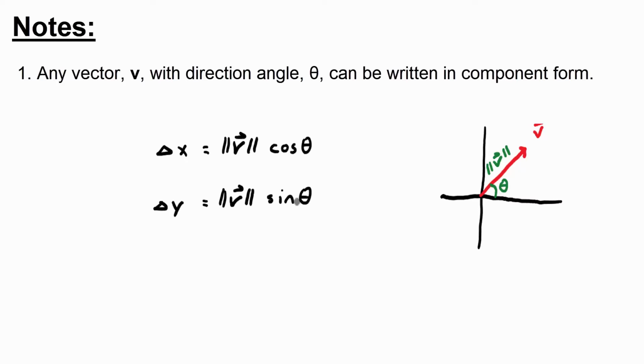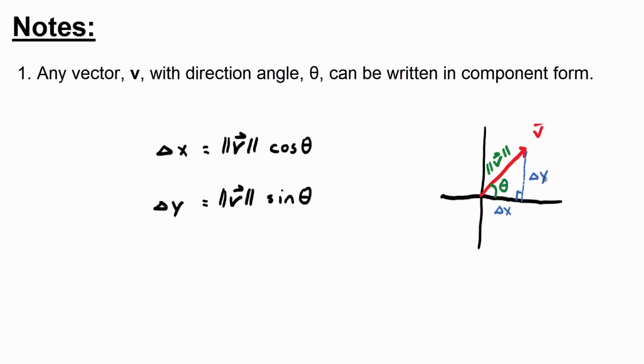Okay? So we drop the perpendicular from the tip of the vector v, create the right triangle, and it shouldn't be a big surprise. We call this horizontal side delta x, this vertical side delta y. We'll do one of these.